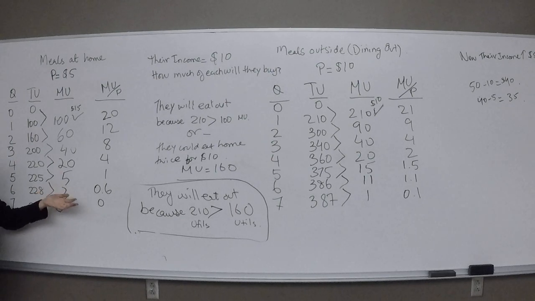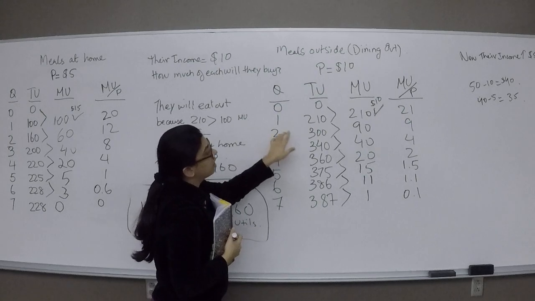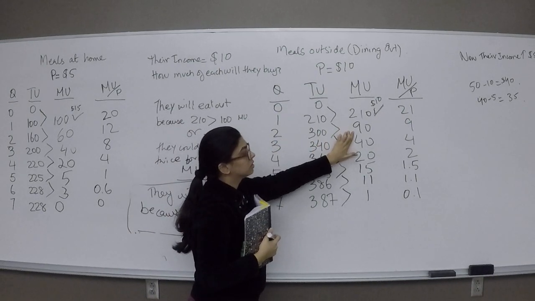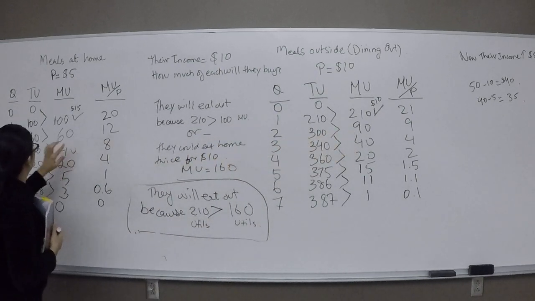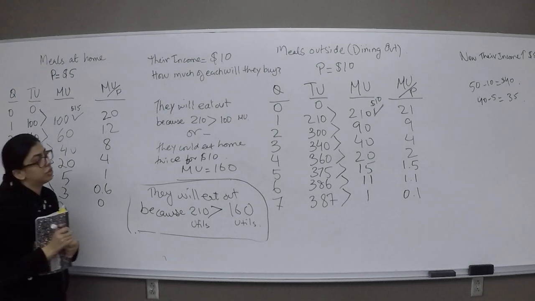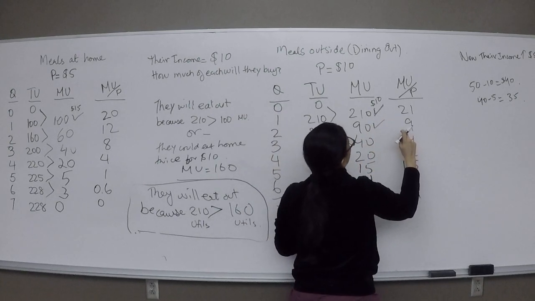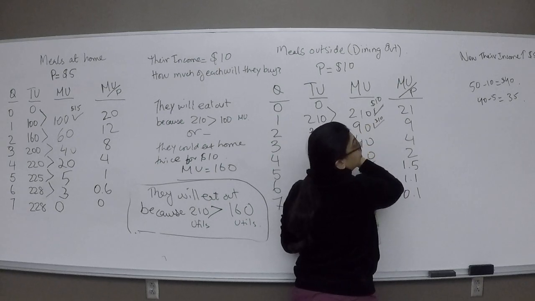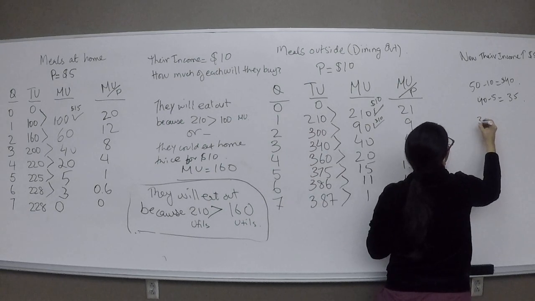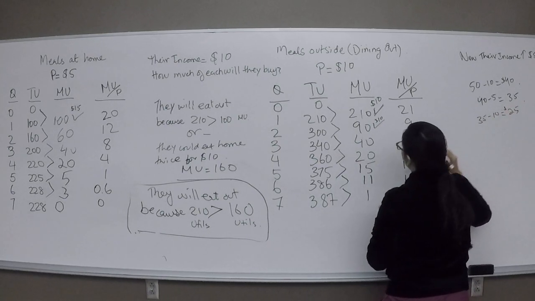The next meal at the restaurant has 90, and the next meal at home has 60. Which one are you going to consume? Eating out, and that will cost you $10. So now you have 35 minus 10, you have $25 left.